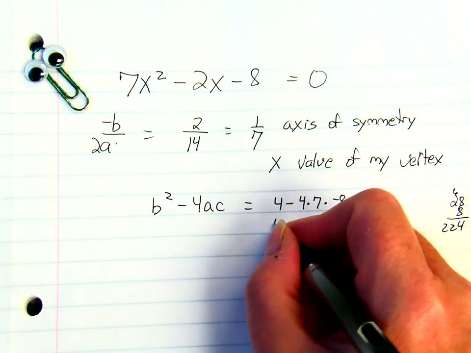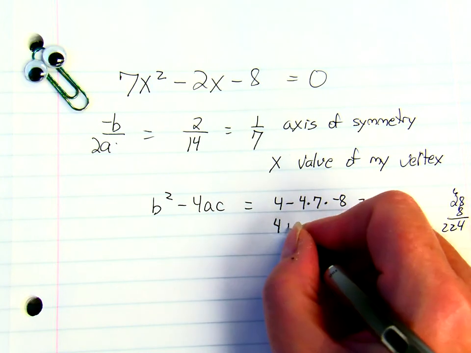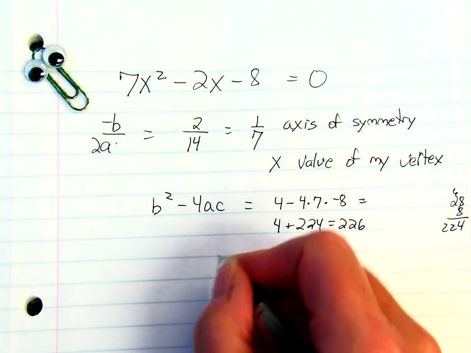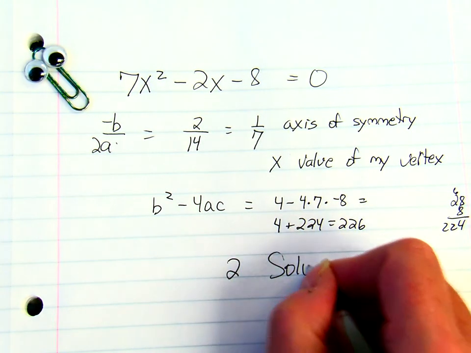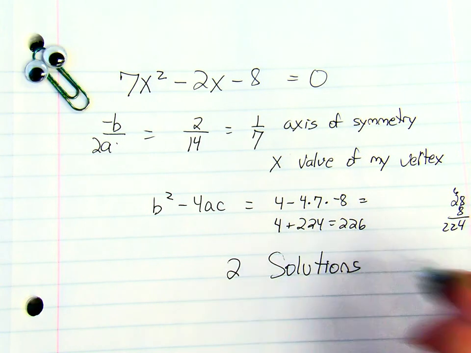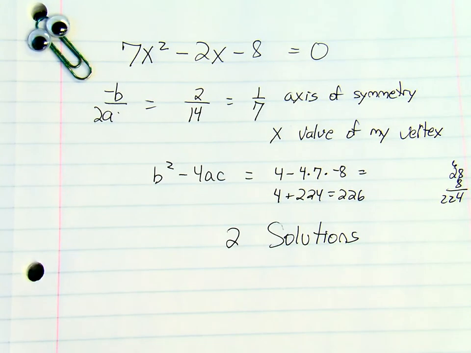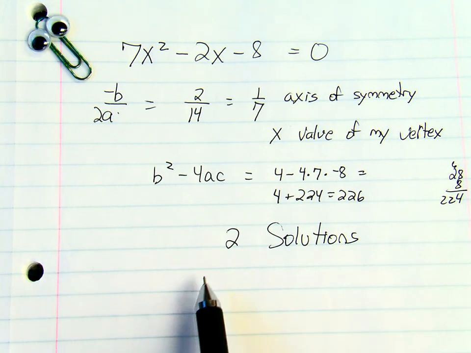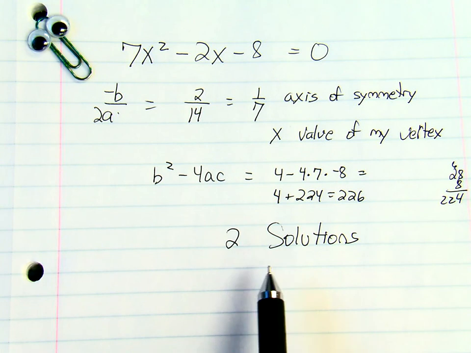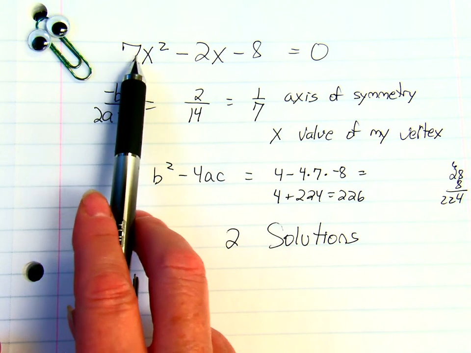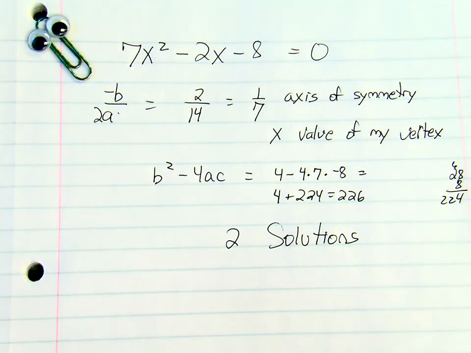So 4 plus 224 equals 228. So that means that I have two solutions. I also have done a good portion of my work for my quadratic formula. I know that my parabola opens upward. I know, because this is 7, that my parabola is going to be pretty narrow.